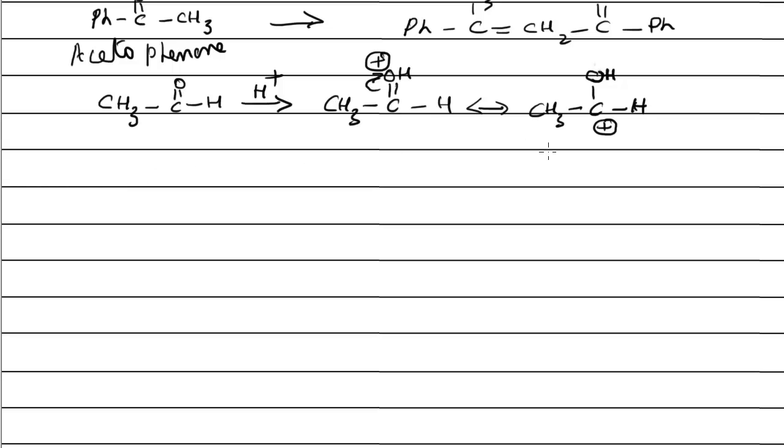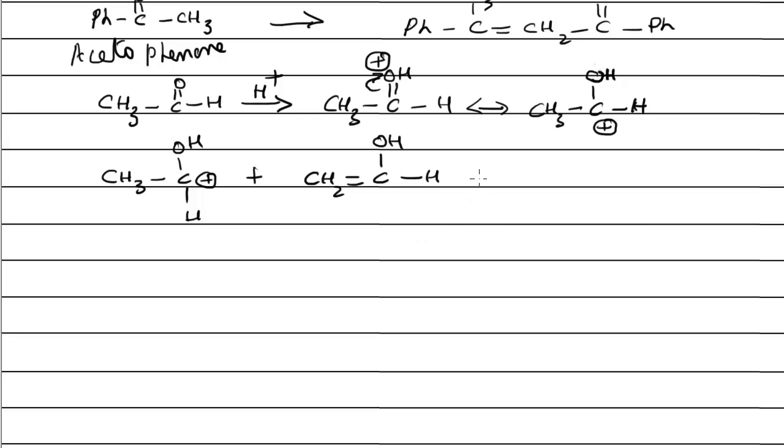Now this is one molecule of an aldehyde. Now the other molecule of an aldehyde, we are going to use the enol form of that. As you know, aldehydes and ketones show keto-enol tautomerism. So this is the enol form of another aldehyde.